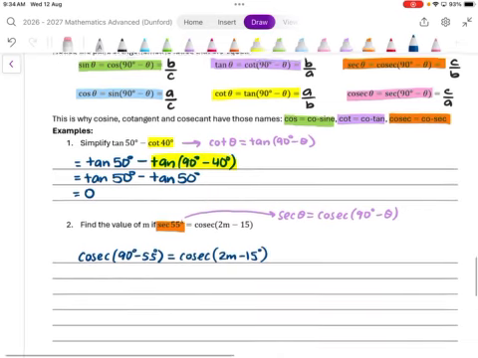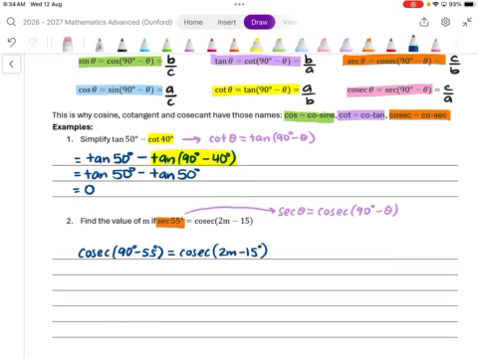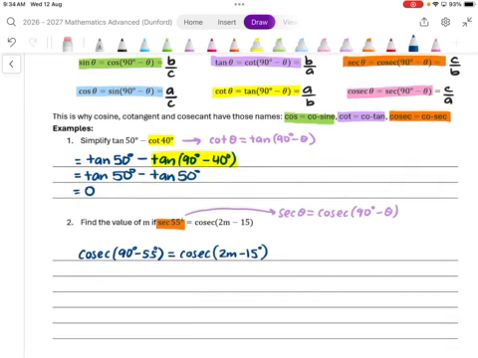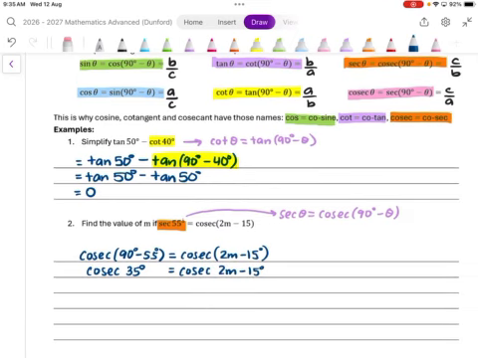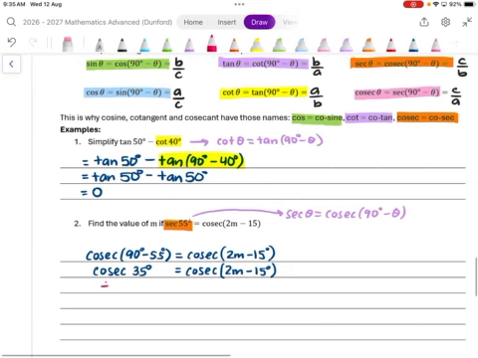Okay, so 90 minus 55 is 35. So we'll have cosec 35 degrees is equal to cosec 2m minus 15. Now, as soon as they are both in terms of cosec, we can divide both sides by our cosec.